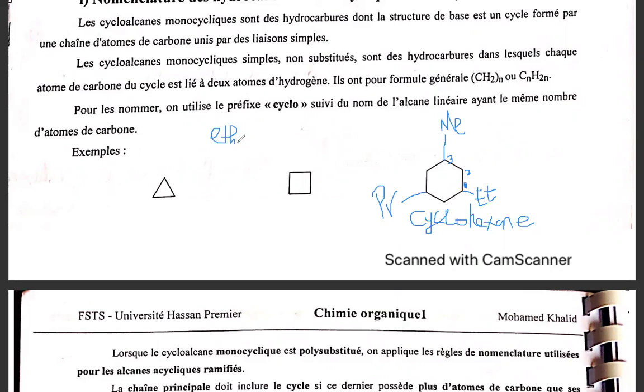After ethyl, what do you have? We have methyl. After methyl, what comes last? Propyl. Then you have your cyclohexane.